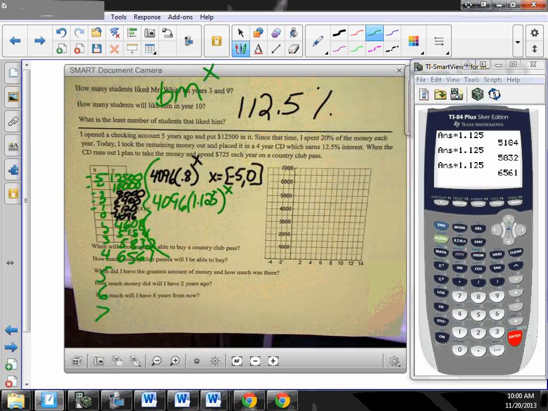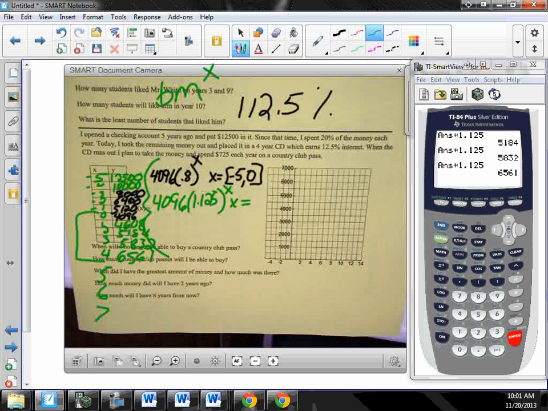When is that equation valid? When x equals... Are you confused, Aubrey? Well, what are the x values for that function? From 0 to 4. So that equation only counts from 0 to 4.